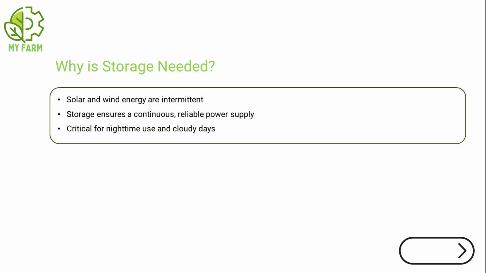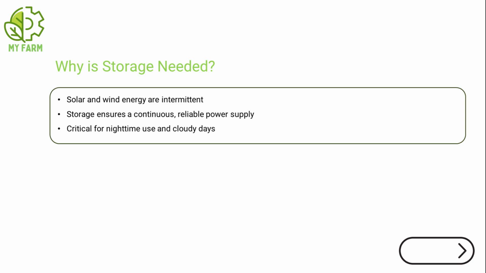For example, imagine a greenhouse that relies solely on solar panels. During a cloudy week, temperatures could drop significantly at night, potentially harming sensitive crops. With an energy storage system in place, the greenhouse can maintain optimal conditions regardless of external energy availability.